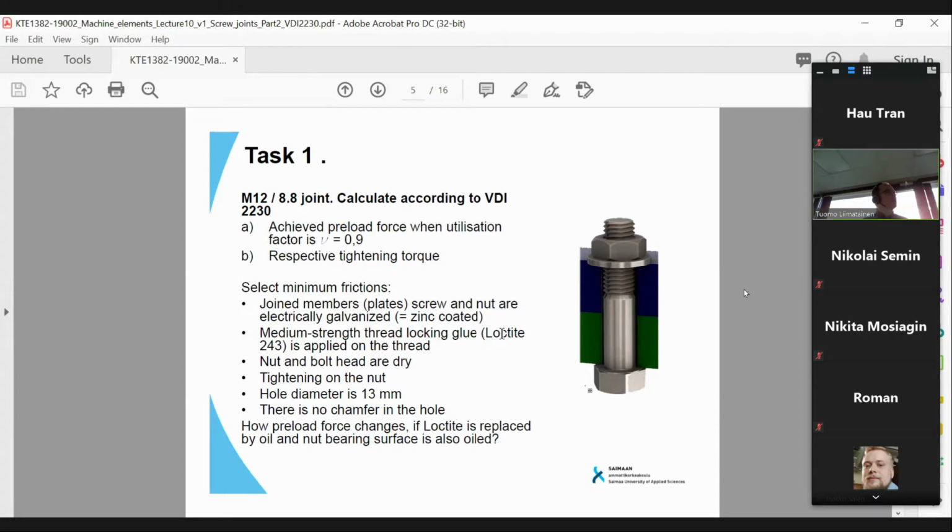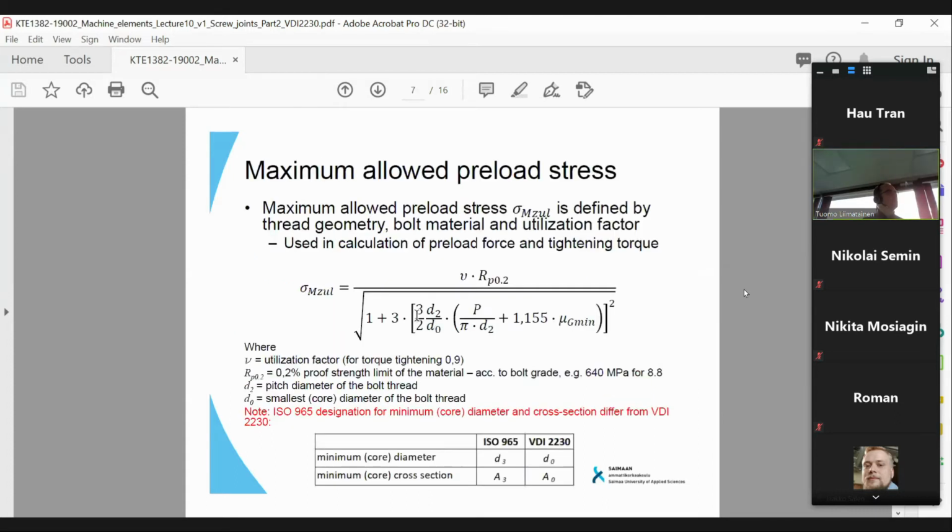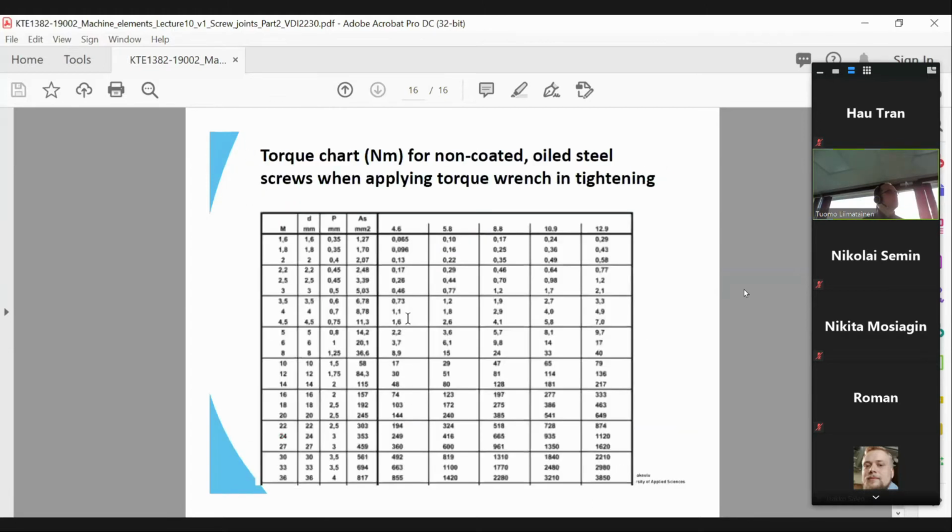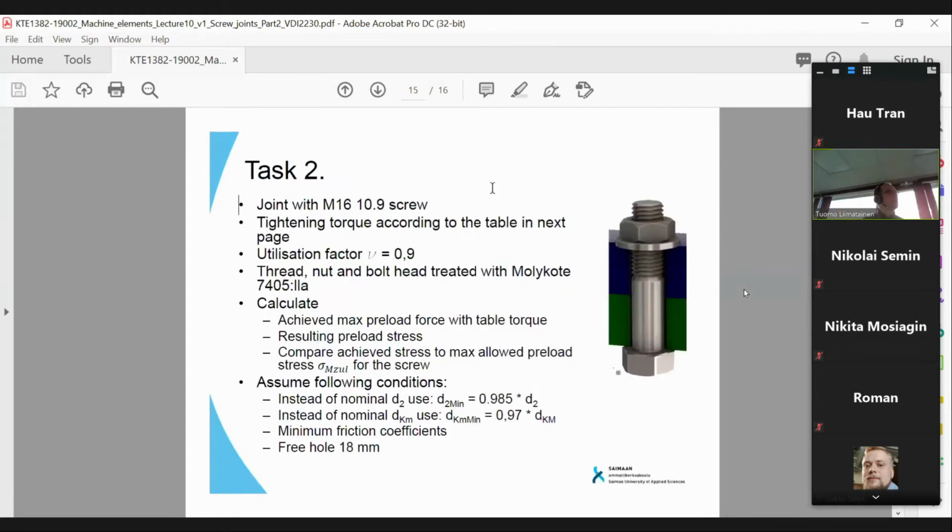And we learned how to calculate the allowed preloading force using utilization factor 0.9. And then we learned how to calculate the respective tightening torque. And now the second task would be to calculate an M16 10.9 screw. And now we are going vice versa compared to last week.